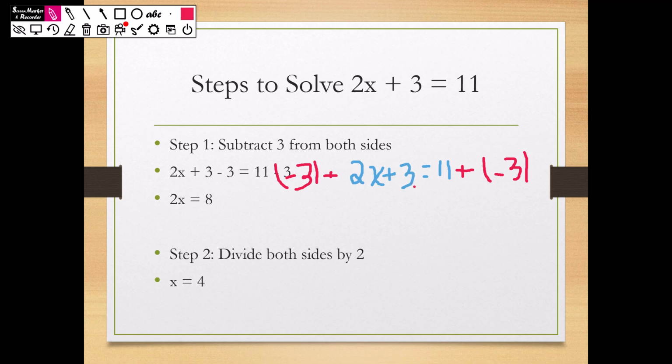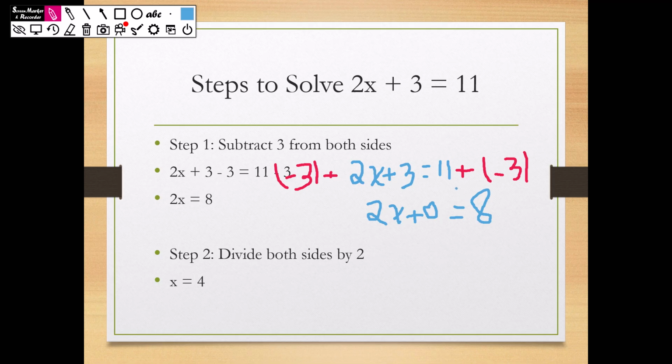After adding minus 3 here, as you can see, 3 minus 3 will give us 0. So we will get 2x plus 0 equal to 8, right?